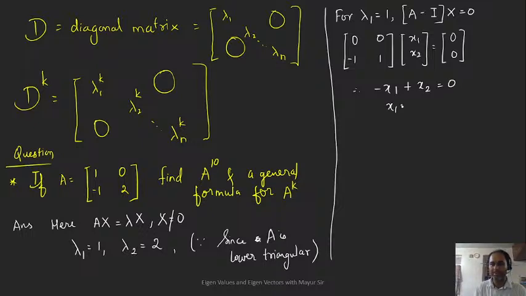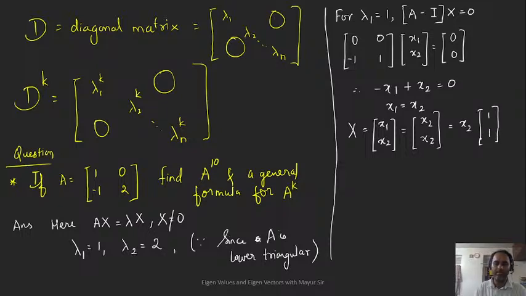So x1 is equal to x2. So you have x2 outside, and your first eigenvector is 1 1. Put x2 equal to 1. So capital X1 is 1 1.